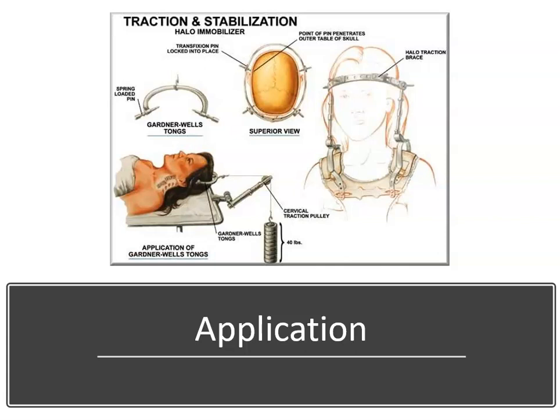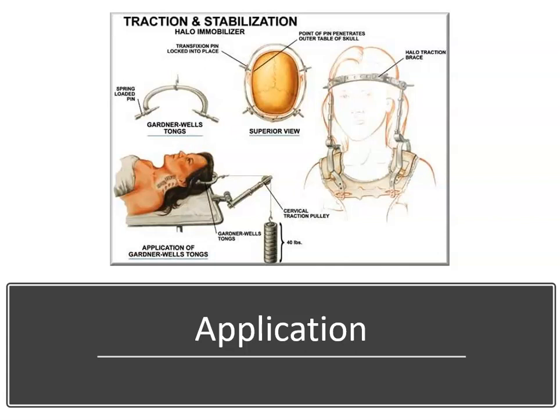All right, next up, I'm going to go over to our introduction and removal, specifically the application or removal of these different devices, halo devices, external fixation systems. So you see those on page 122 and 123.